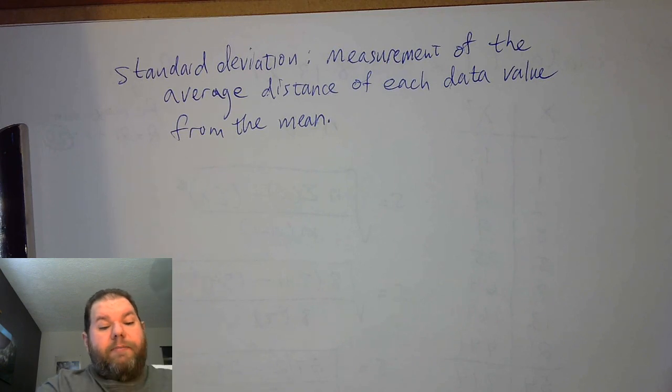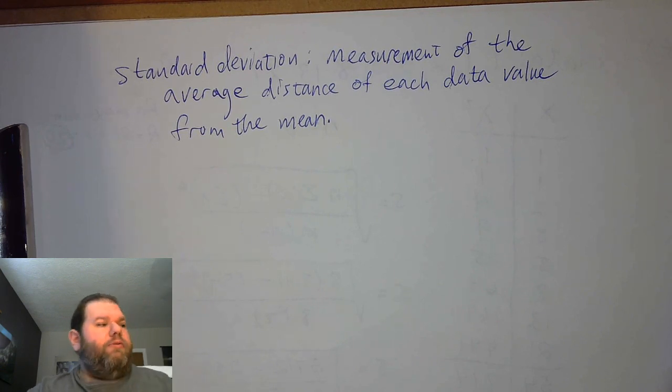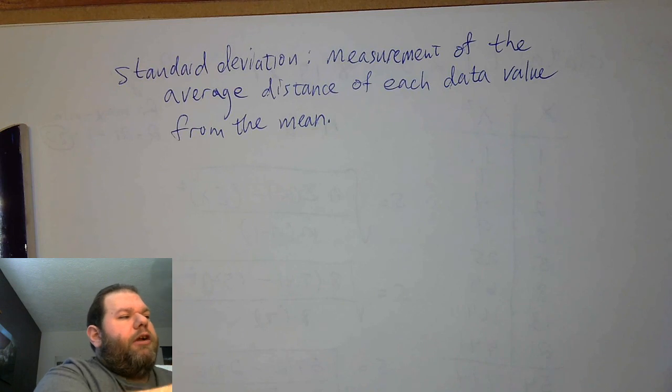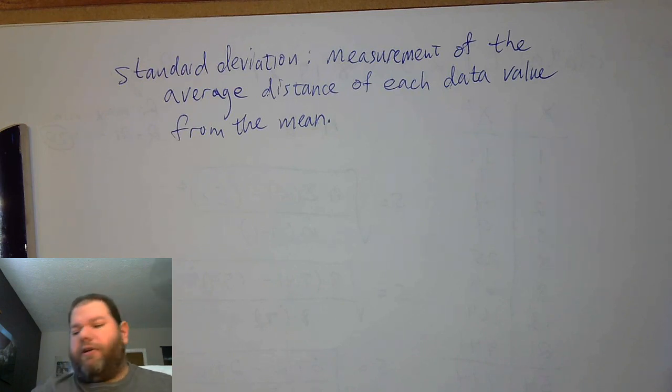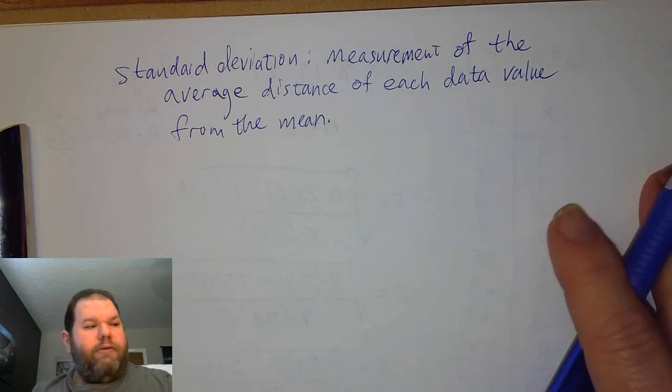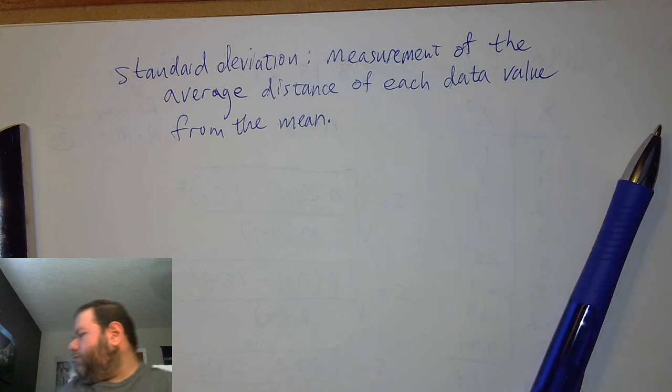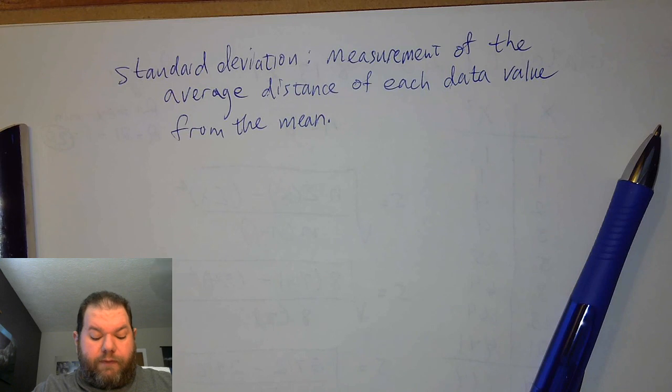All right. So I wanted to do another problem. Again, this time just using the calculator, I think. And we'll go back to our other data set that we looked at before.